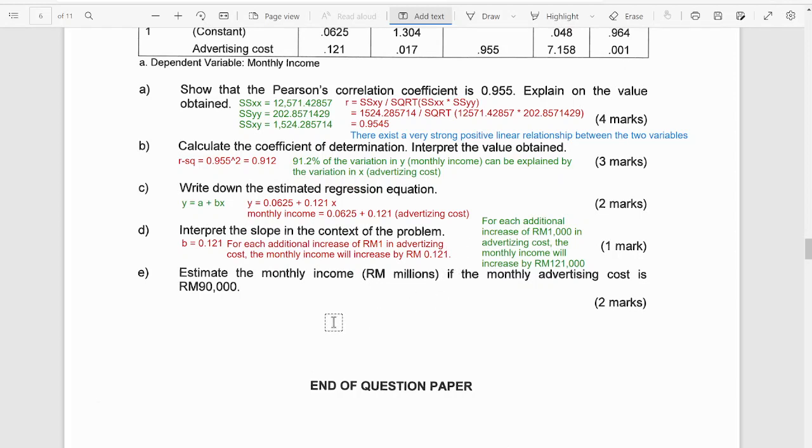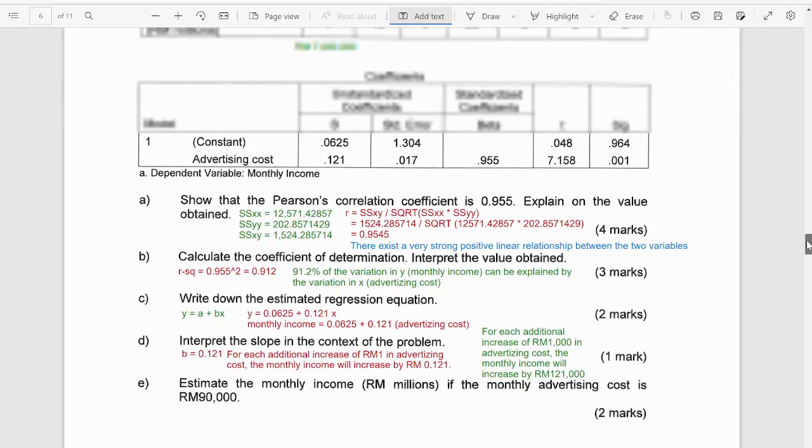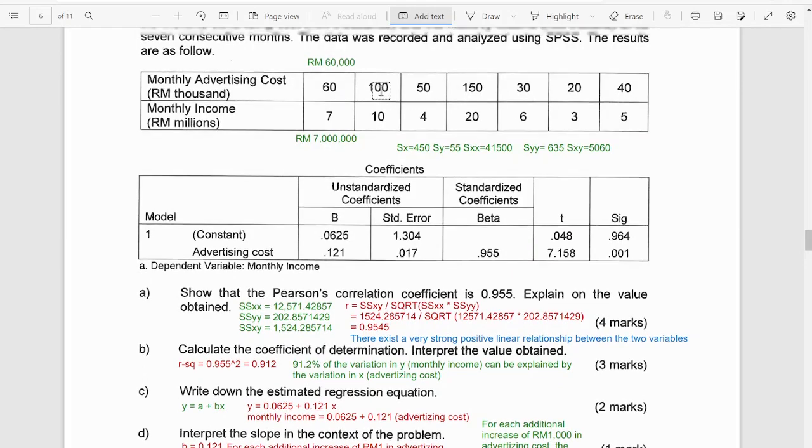And then for the last question, they ask you to estimate the monthly income in RM millions if the monthly advertising cost is 90,000. So this is where you have to be very careful. The given information here is 90,000, but in the data, it is given in a simplified form. The advertising cost is given in thousand.